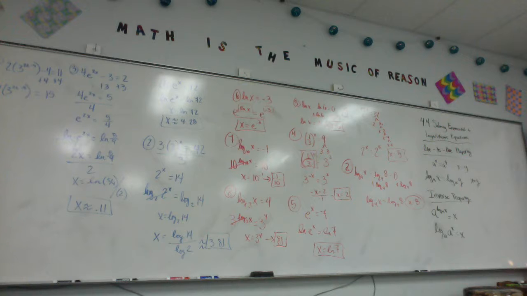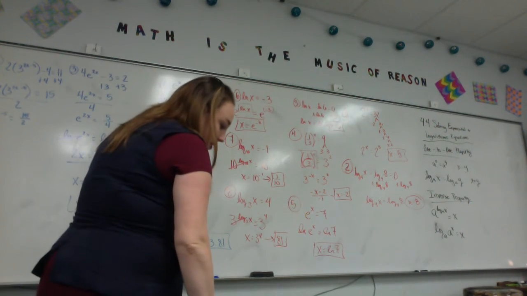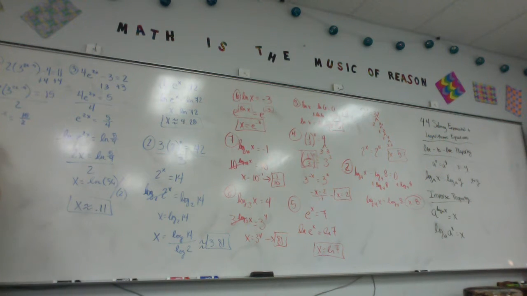Now what? Divide by 2. 3 to the 2t minus 5 equals 15 over 2. Now what? Take log base 3. So log base 3 of 3 to the 2t minus 5 equals log base 3 of 15 over 2. This cancels.